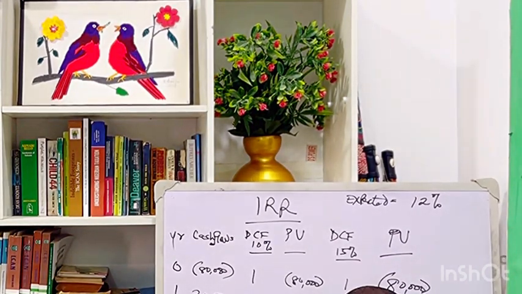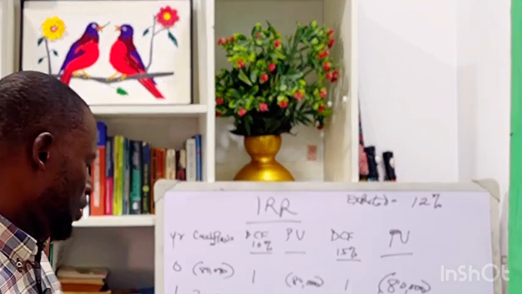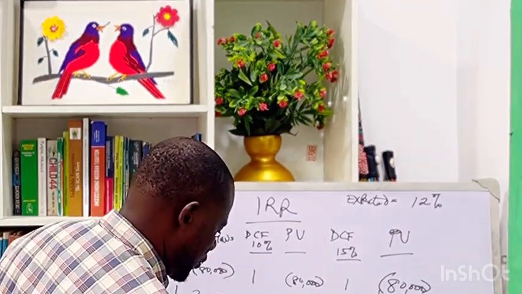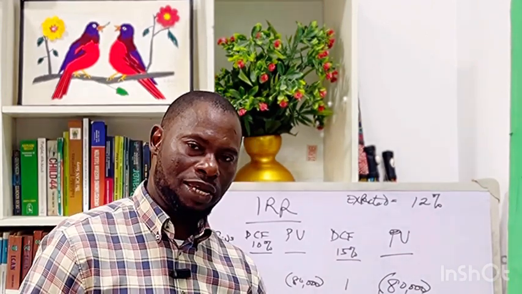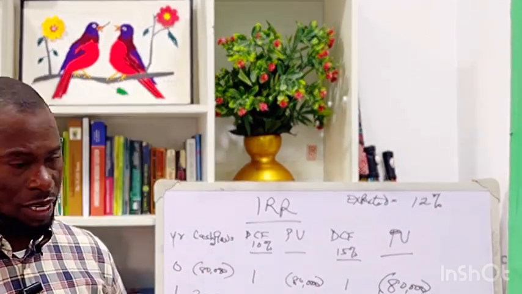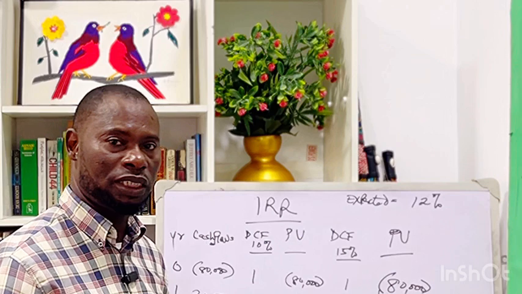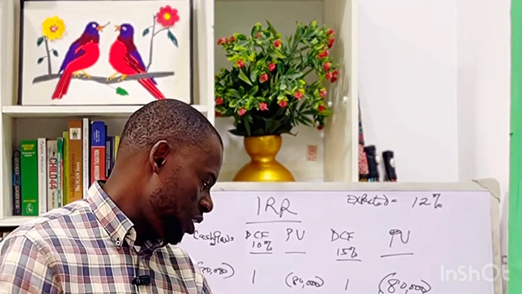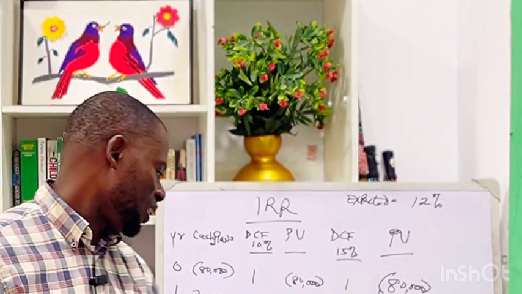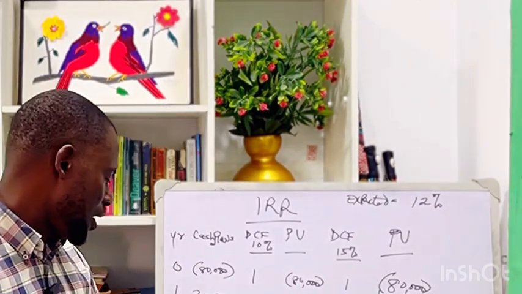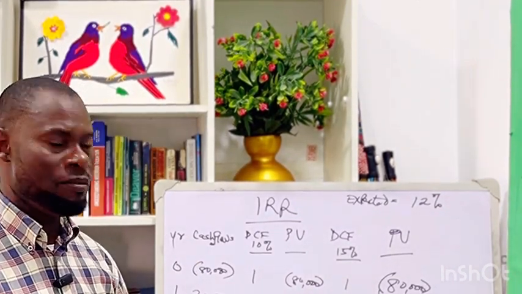And this is a negative NPV. Once you see a figure in bracket, it means it is negative, so there's no need to put a minus sign. In accounting, usually once you see it in bracket, it signifies that it is a negative figure. So this is a negative NPV, and this is a positive NPV.